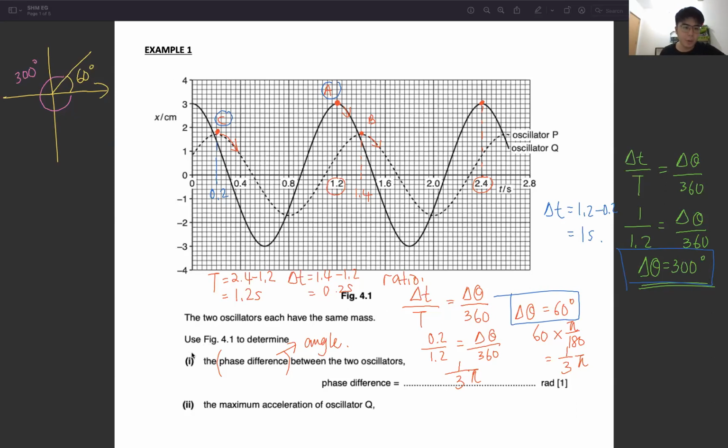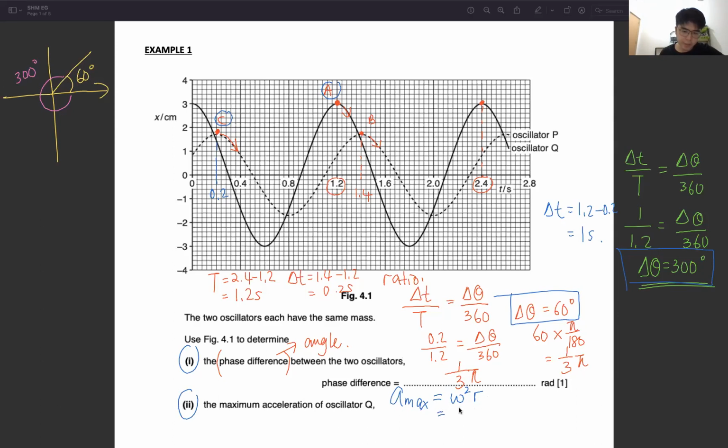Now that is for number one, and number two: the maximum acceleration of the oscillator. So you just use the formula, maximum acceleration, a max. We know that a max equals omega squared times amplitude.